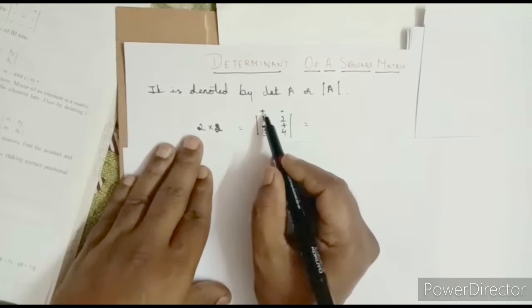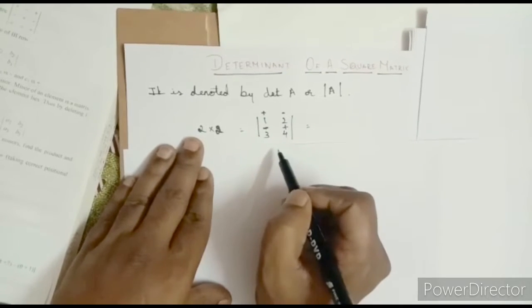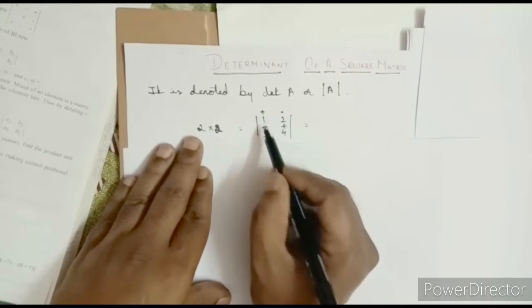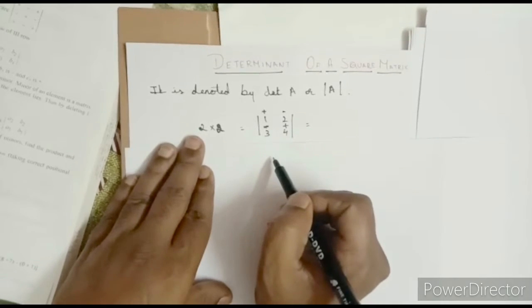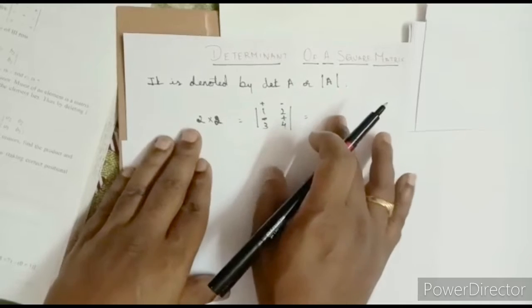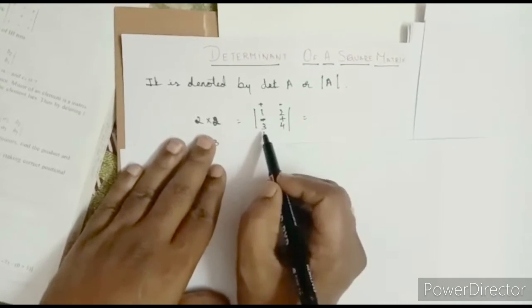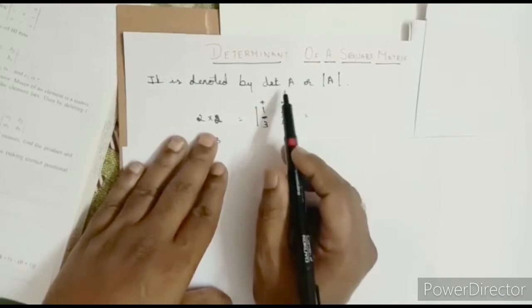Once again listen here, plus, minus, and plus. So this is compulsory, we need to understand and we need to take in the same manner, plus, minus as well as plus. Now let us know how to find out det A. It is very simple in case of 2 into 2, that is two rows and two columns. Whenever there is two rows and two columns, it is very simple to find out det A.